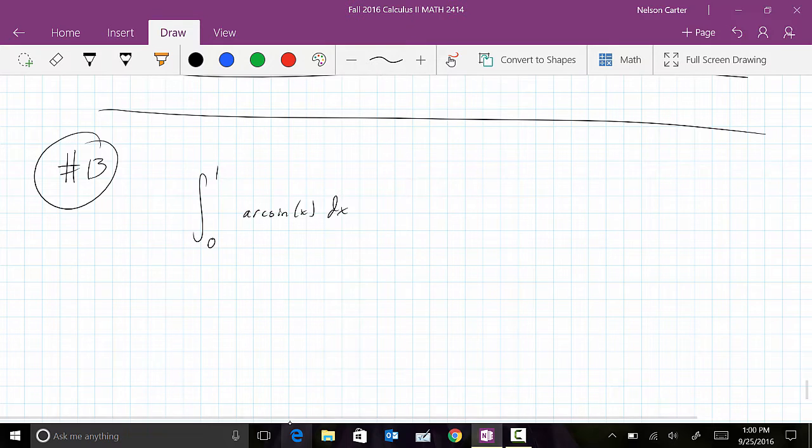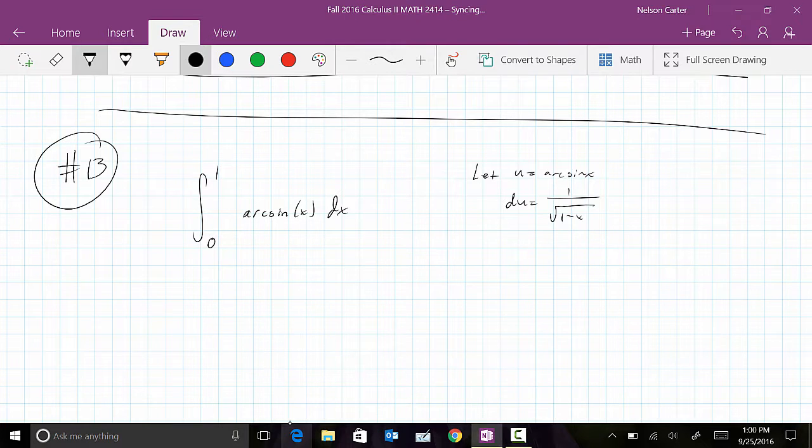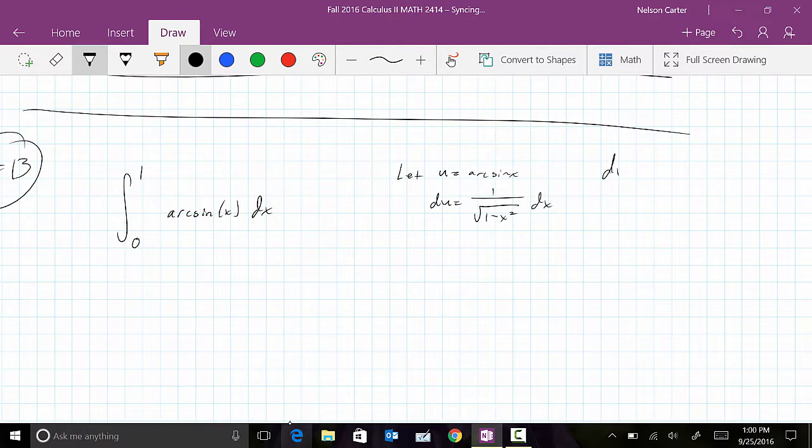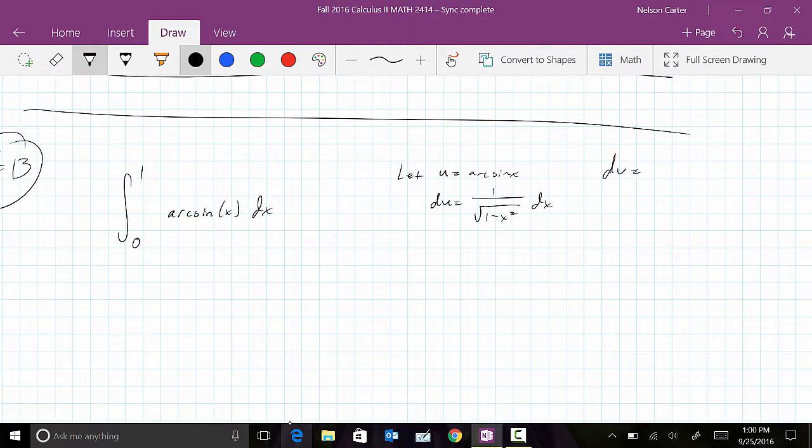What we're going to do is let u equal the arc sine. Remember, we know the derivative for this one. It's going to be 1 over the square root of 1 minus x squared dx. And then our dv is going to be just dx, and that means v is going to be x.